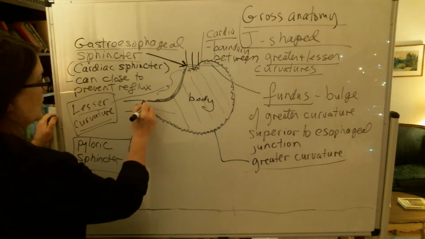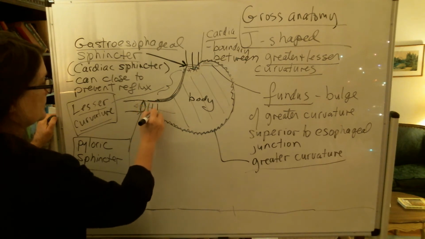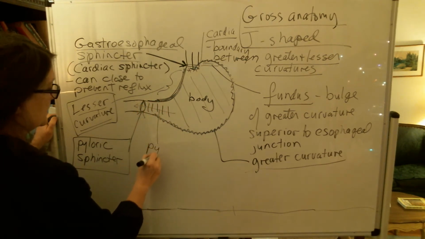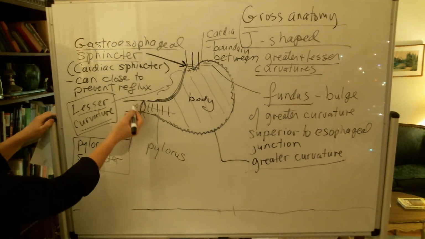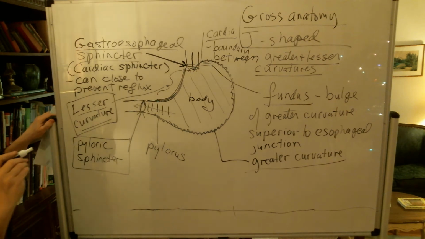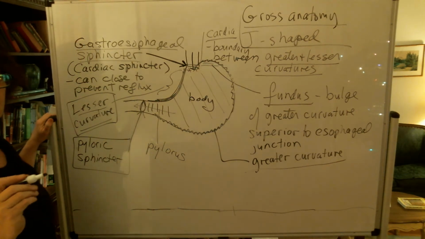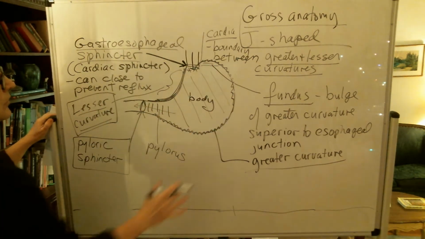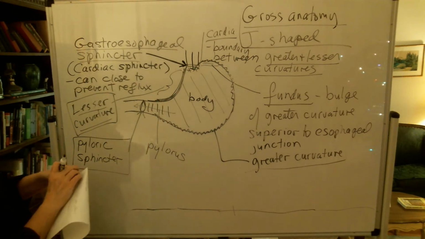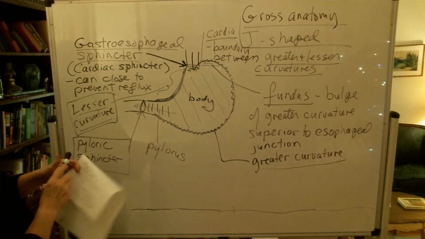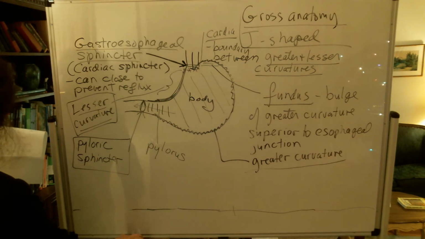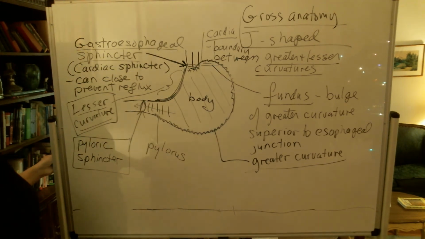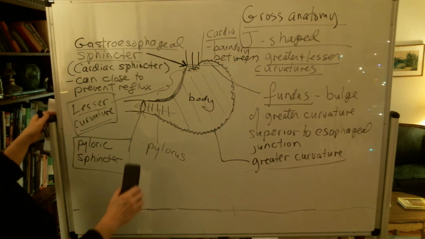And then where you get this narrowing, in here, this is known as the pylorus, which then ends with the pyloric sphincter. And that then is how the stomach looks when you see it from the outside, plus the two sphincters as well. So what I am going to do now, however, is talk about what we see on the inside of the stomach.